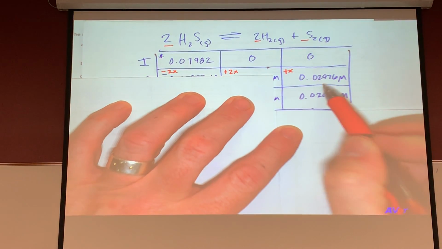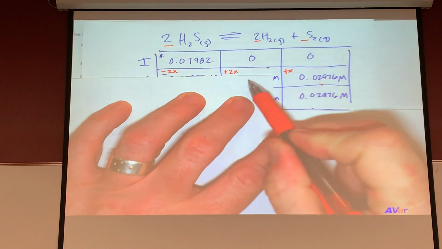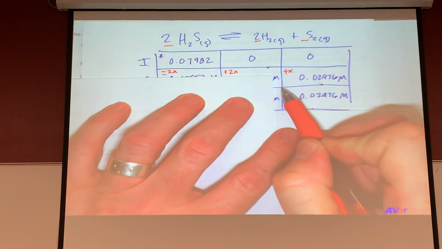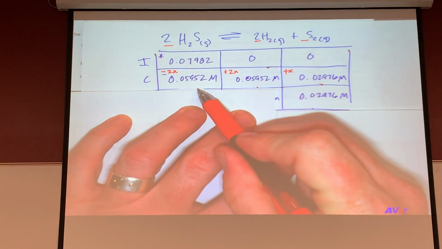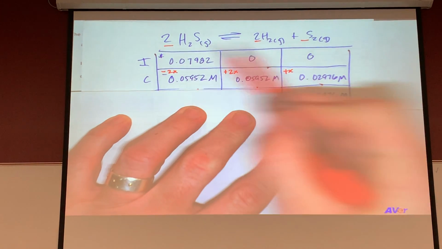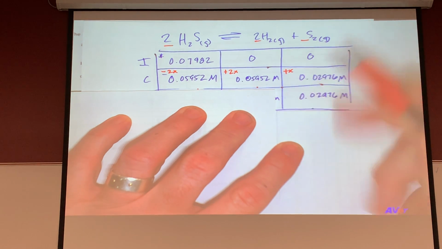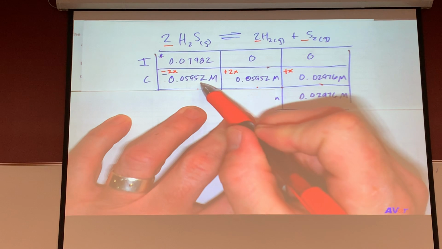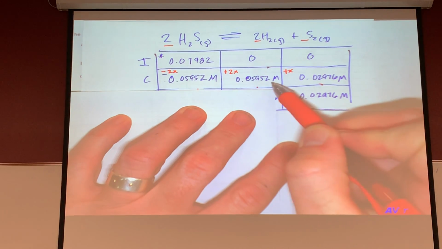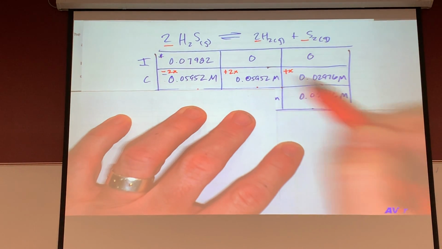So, 0.02976 up by 2x, that means you double it and you get this number. This one has to go down by 2x because of the 2:1 ratio. Okay, so down negative 0.05952, up positive 0.0592, and then here. Then you do the math.